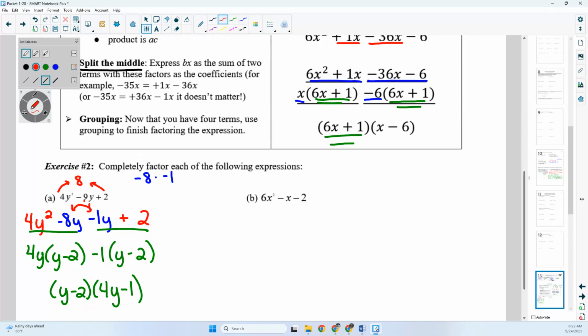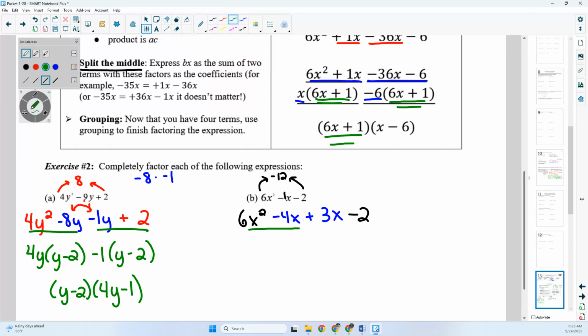Go ahead and try the next one, and then come back when you're ready. So here, I can't take out the 6, so I throw in my little 1 there. I'm trying to multiply to -12. Bring my two terms to the outside because I'm splitting the middle. Numbers that will work for that are -4 and +3, which multiply to -12 and add to -1.